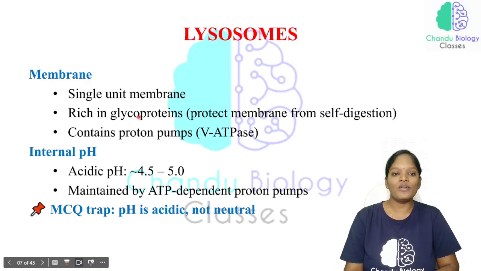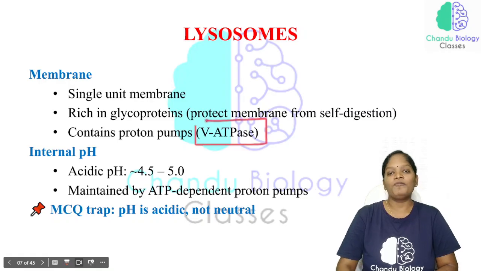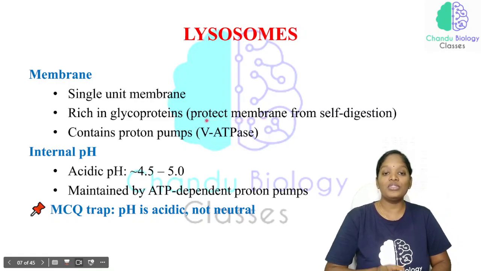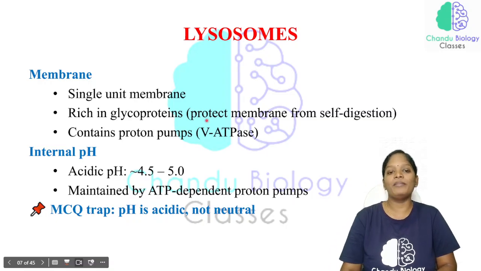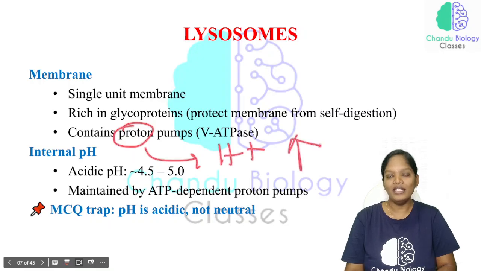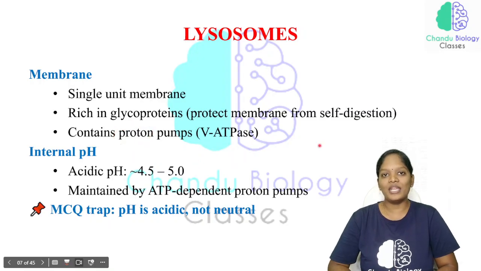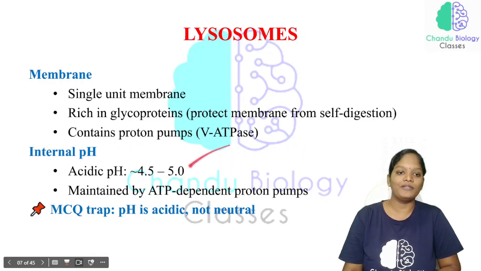That is all because of the V-ATPases, vacuolar ATPases. This V-ATPase is involved in pumping protons. Proton means H+. So if the H+ concentration is higher, we can say it is an acidic environment, right? So this is very important.